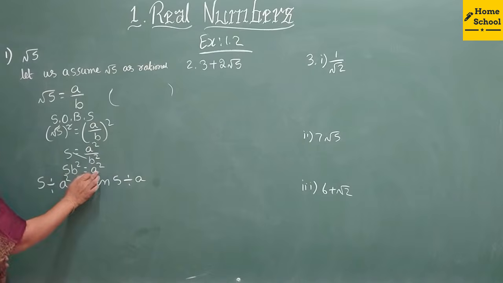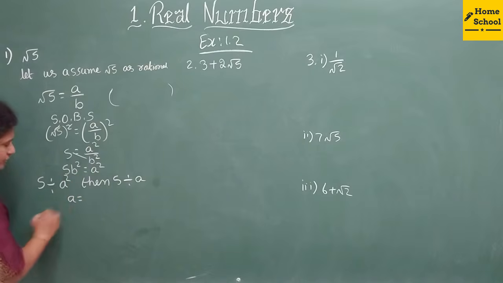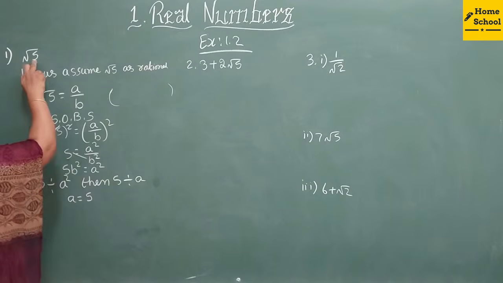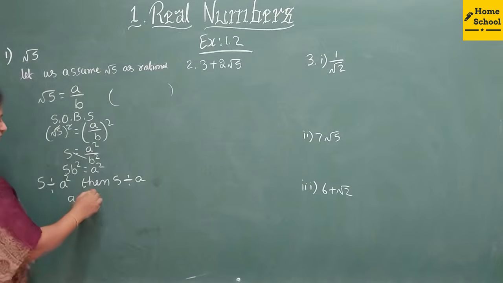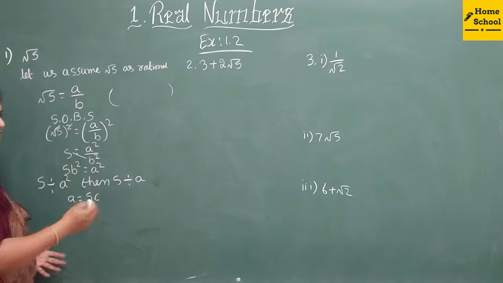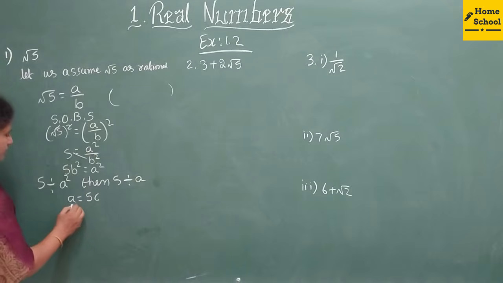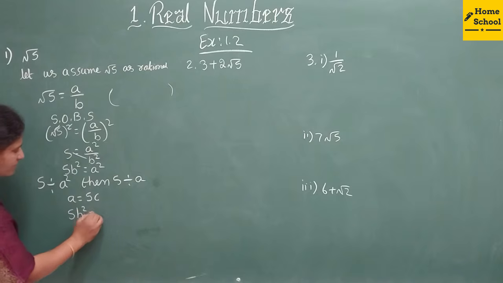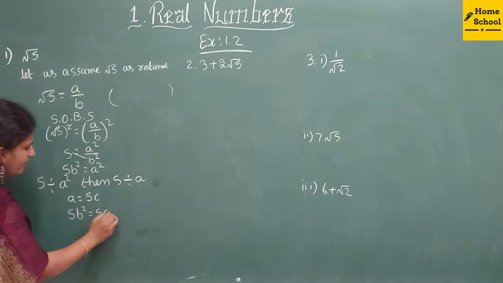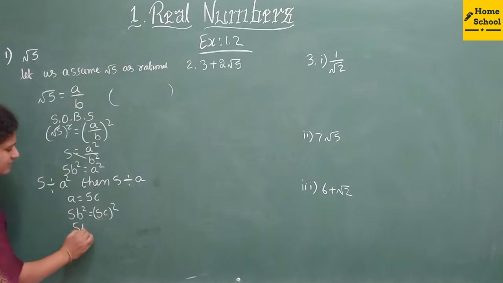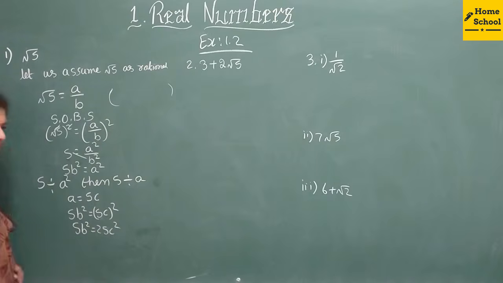Now, in place of a, I will assume a number that is a multiple of 5. Right? 5c or 5k or 5m, anything you can take. I am taking 5c here. Now substitute this a value here. 5b square is equal to 5c whole square. 5b square is equal to 5 fives are 25c square.